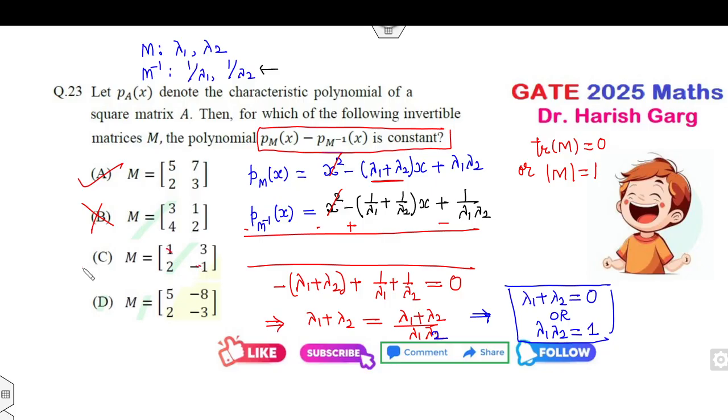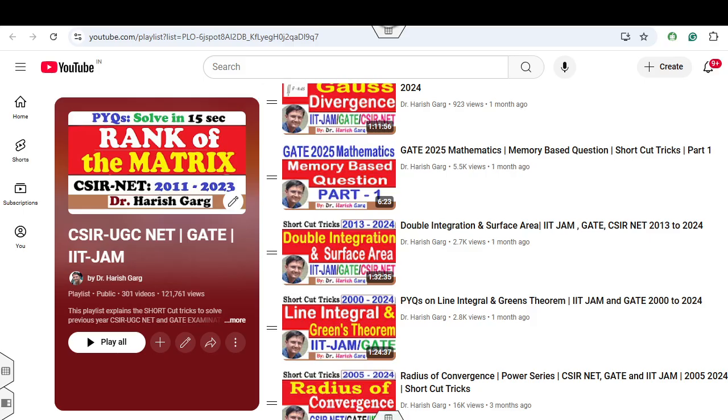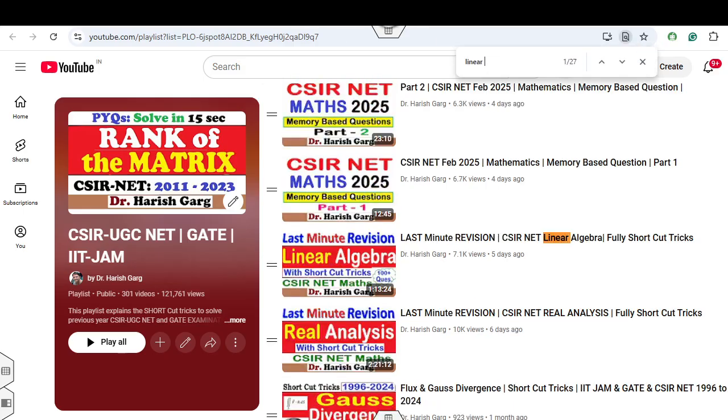Trace is not 0, but the determinant is minus 15 plus 16. So the right answers of this problem are A, C, D. It's a very simple question. The same question I have already explained in my last series of PYQ, that is the last minute revision of linear algebra.